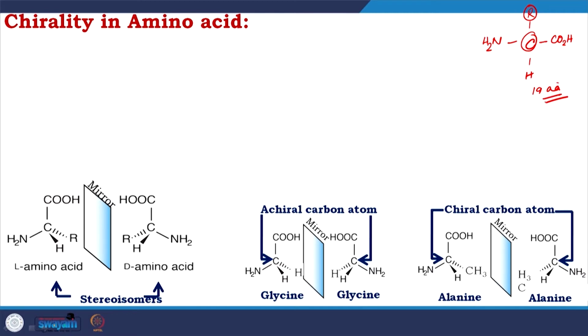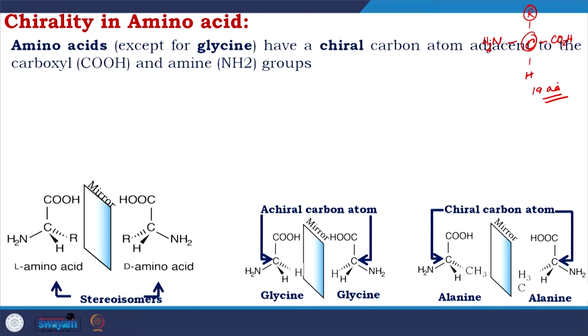So, we talked about the chirality. Amino acids except for glycine have a chiral carbon atom adjacent to the carboxyl and amine groups.